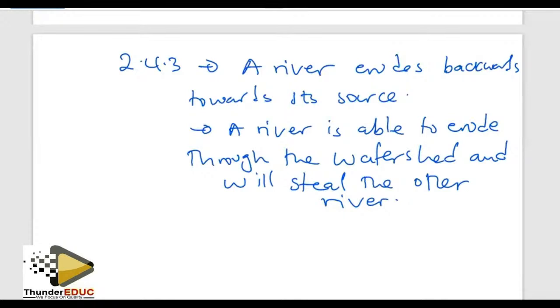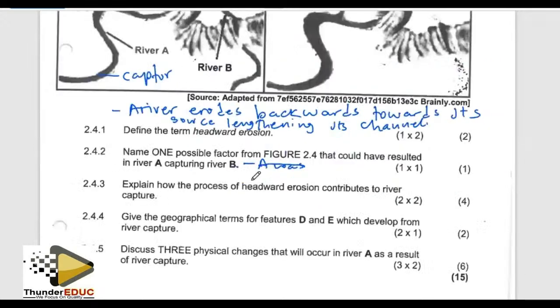The next question, 2.4.4: give the geographical terms of features D and E, which develop from river capture.